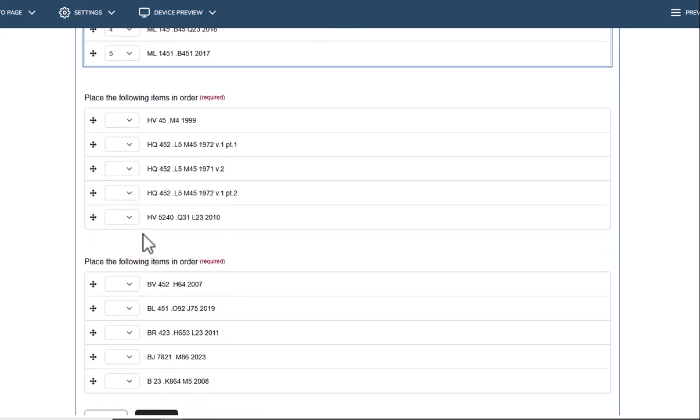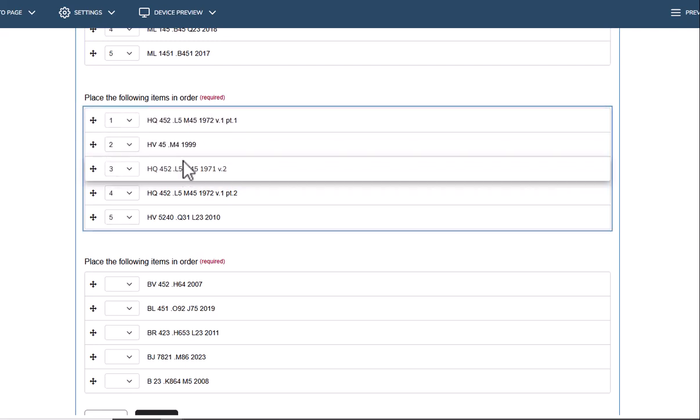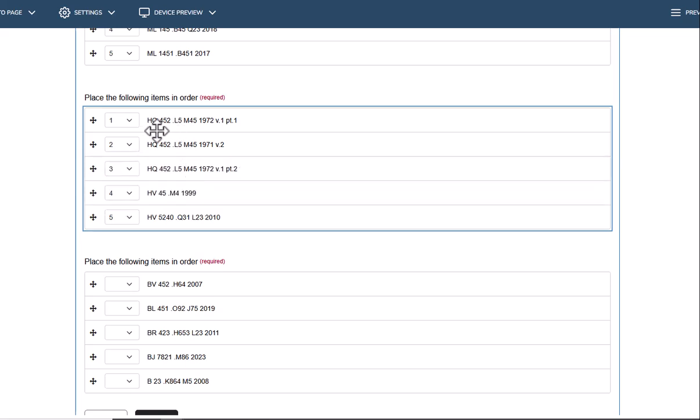Next one. We have 3 HQs and 2 HVs. So alphabetically, the letter Q comes before the letter V, so I'm going to move these 3 up. And looking at them, I can see that it's HQ 452, HQ 452, and HQ 452.